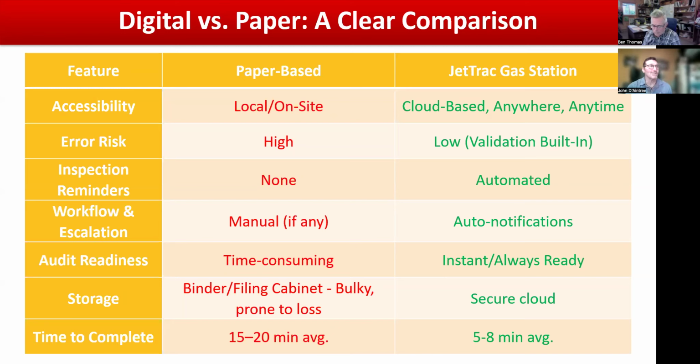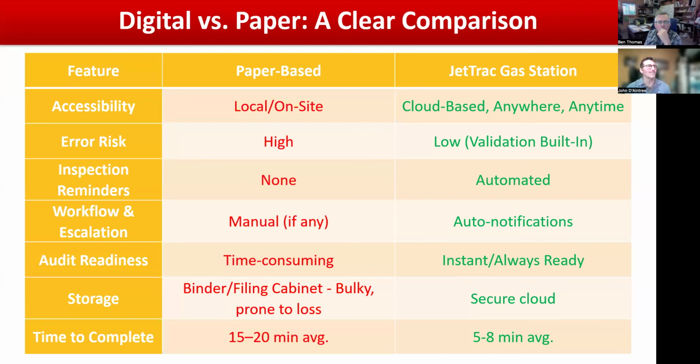Reminders with a paper solution, no one's reminding you to do that inspection unless they've set a tickler on their phone and things like that. But with the digital solution, we can decide when we want reminders to do the inspection, how often we want them, who gets them, how we escalate if it's still not done. Very easy.